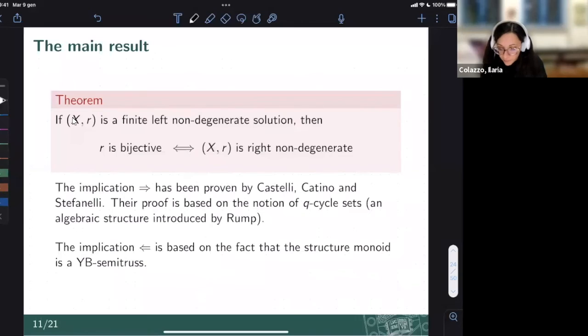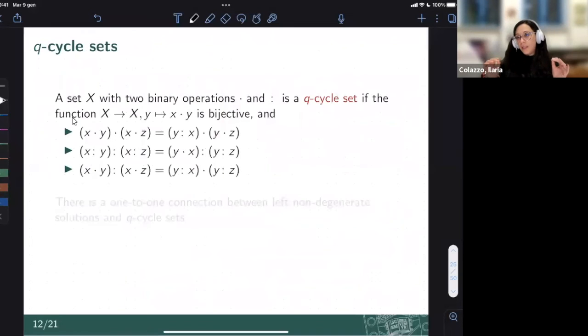Just to have an idea about what a Q cycle set is, I promised you this. A Q cycle set is a set with two binary operations that satisfy these three conditions. The two operations are not associative, and we can see that this is a generalization of the notion of cycle set.